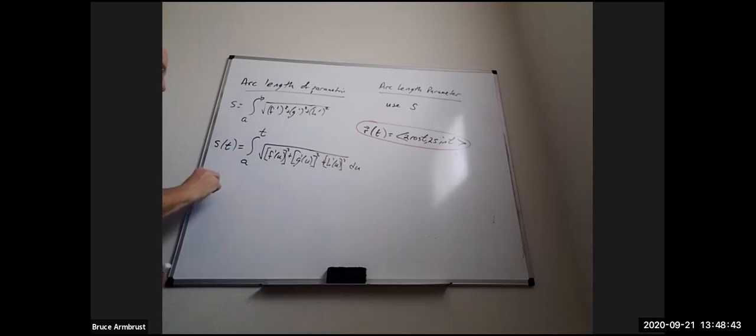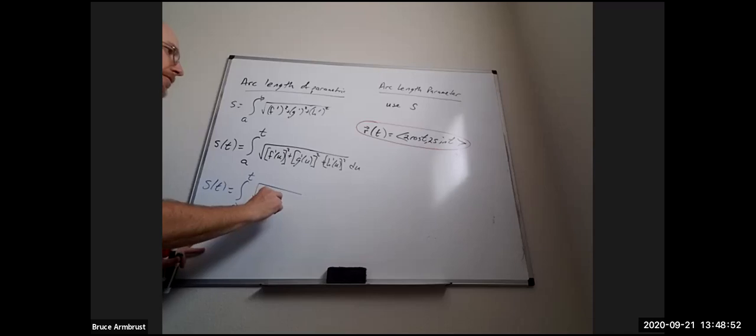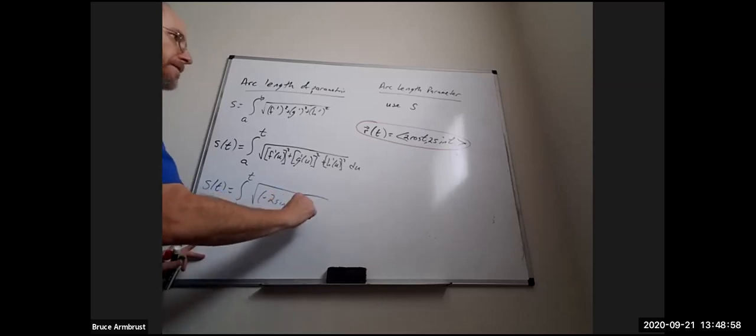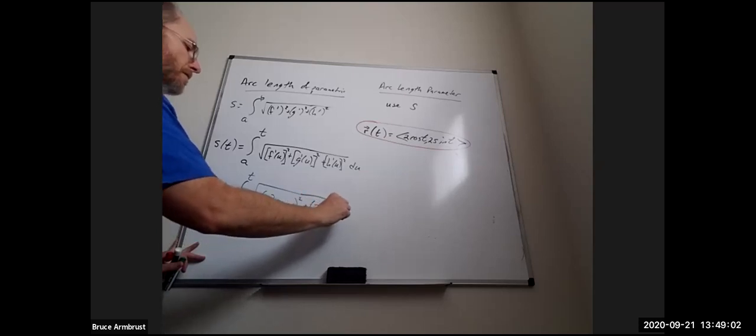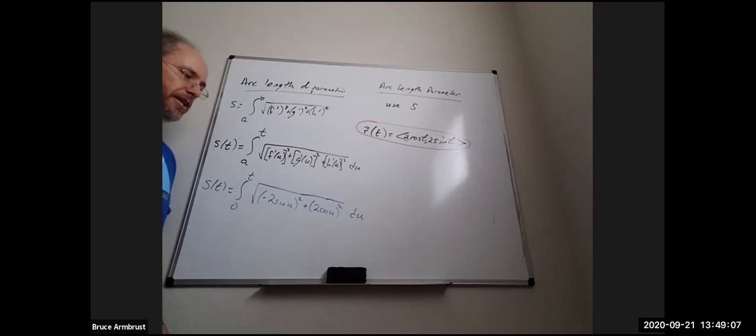So we're going to have s of t is an integral from 0 to t, the square root of minus 2 sine of u squared plus 2 cosine of u squared du. So I just changed all the t's to u's so they match my dummy variable.